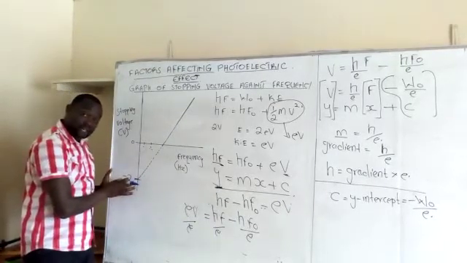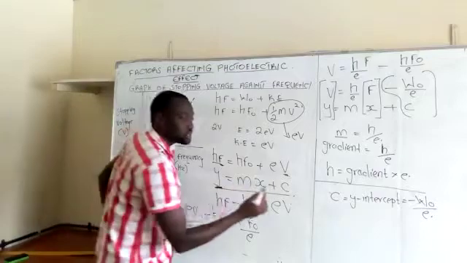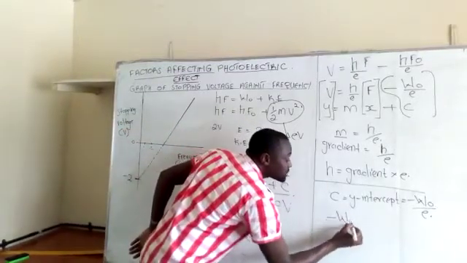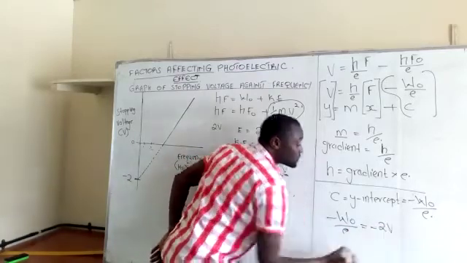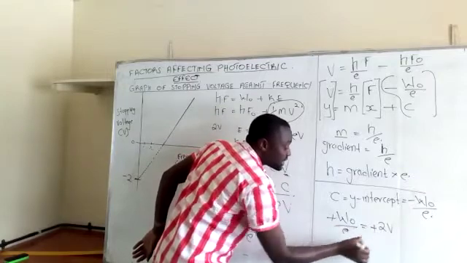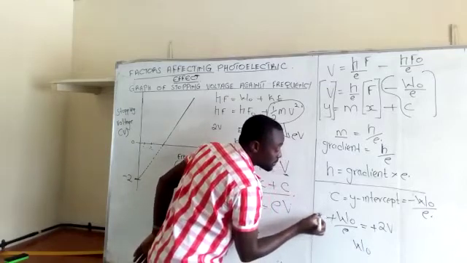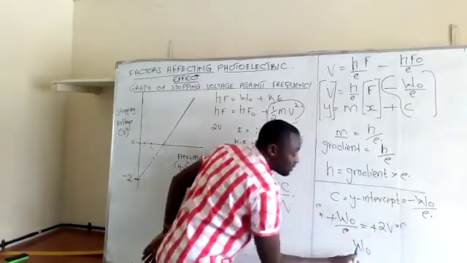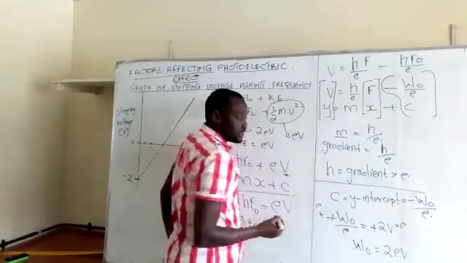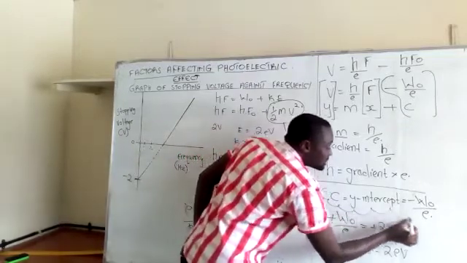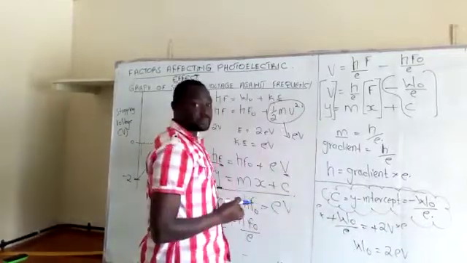Remember, we'll get this as -2 volts. The units are in volts. Therefore, it would read minus work function over e equals -2 volts. When we divide both sides by -1, then we'll be left with work function. Then we multiply both sides by e. Work function will be 2 eV.